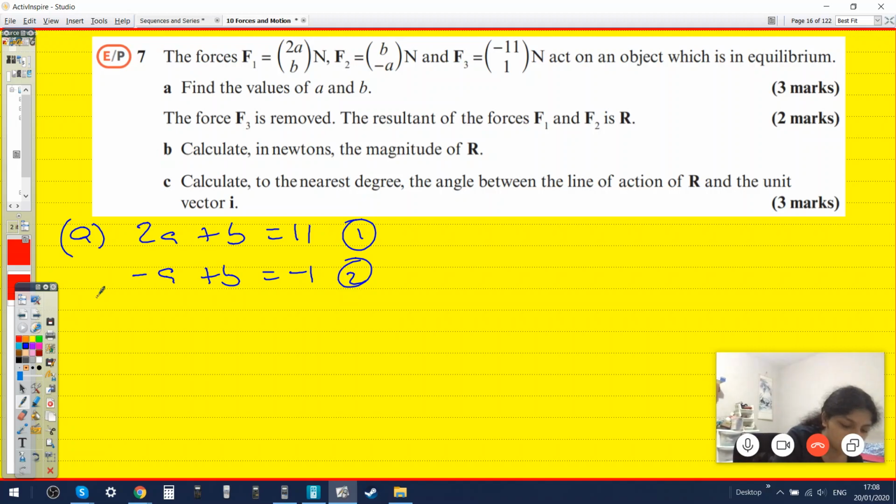And then F2 is 3 and minus 4. So then you just add them together, so you get 11 and minus 1. That's just force 3 but reversed. And then the magnitude is the square root of 11 squared plus minus 1 squared.